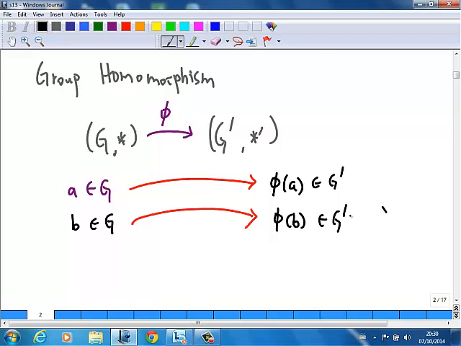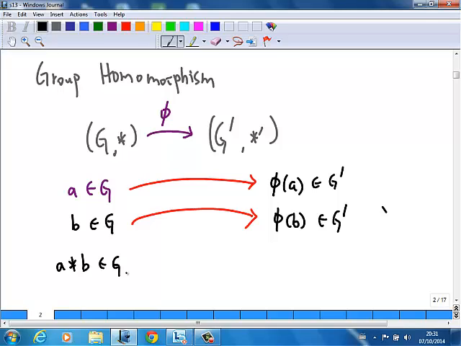Now, since A and B are in G, what can we do with A and B? Inside G, we can multiply them by this star operation. So I can find out what A star B is. A star B is also in G by closure, and G is a group here.